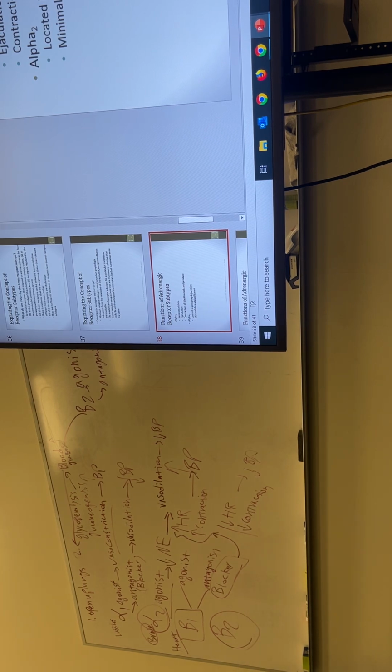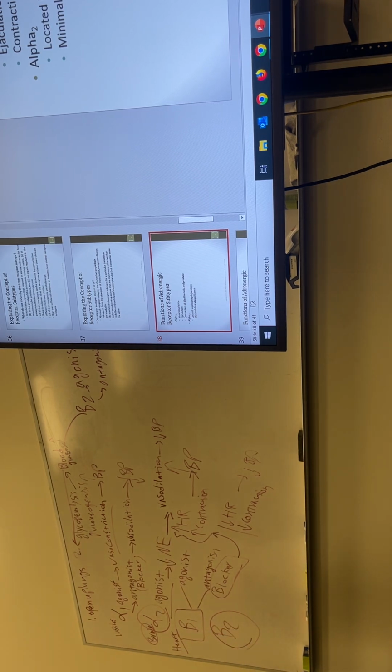Is that a medication? When we use the beta 2 agonist during pregnancy, early labor. Say they have contractions at like week 15. Give them a beta 2 agonist because you want to relax the uterus. It's not time yet. Okay? That becomes a medication.